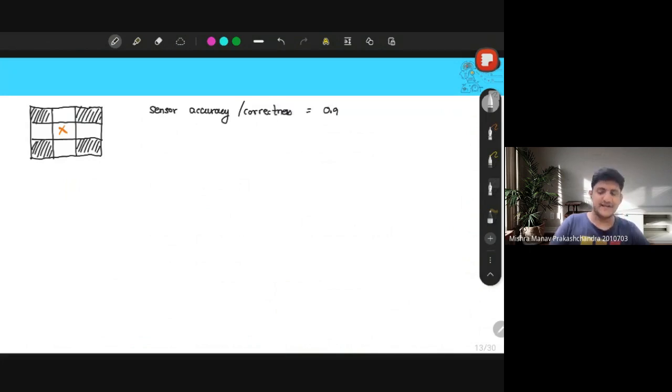That means a sensor can sense an obstacle with 90% probability. It gives a wrong result with 0.1 probability.